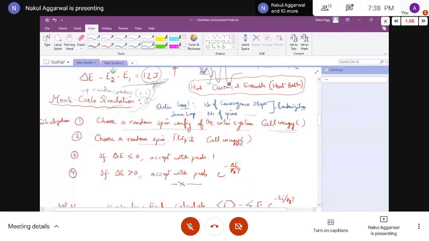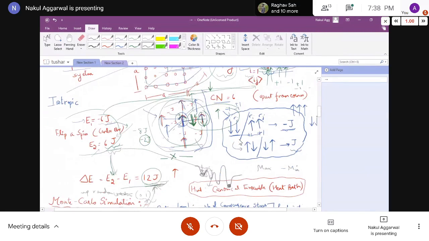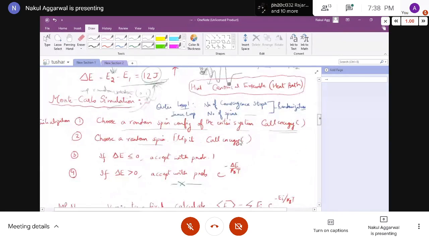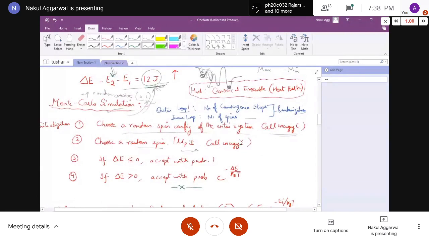Now choose a random spin, like I told you. Let's say the random number generator chose a spin which was at the center of the lattice. Now flip it. Remember, you have only flipped one spin, and then you calculate the energy of the entire system.